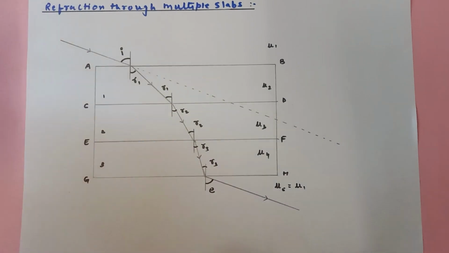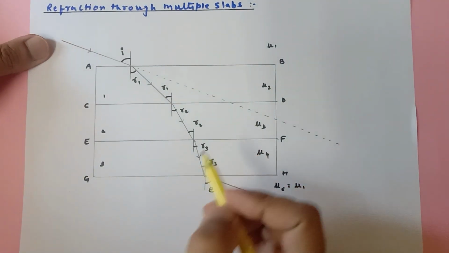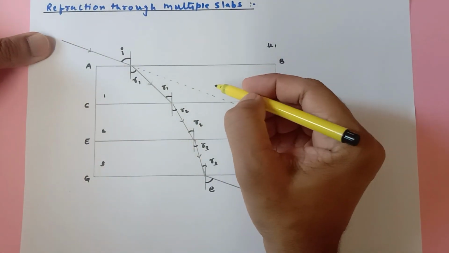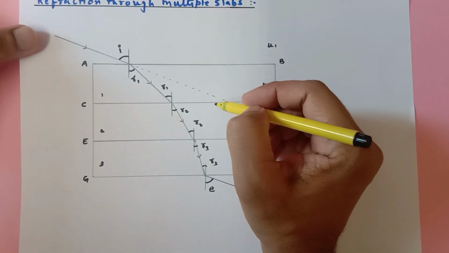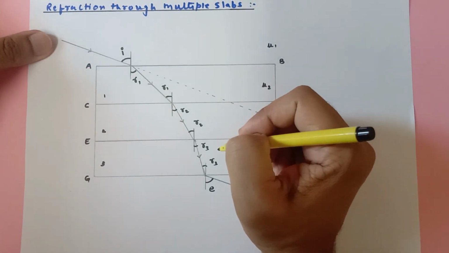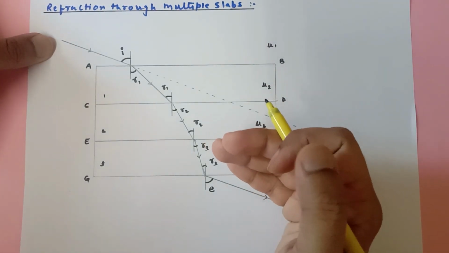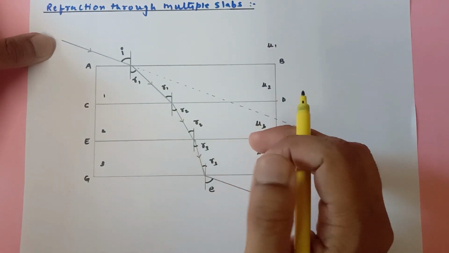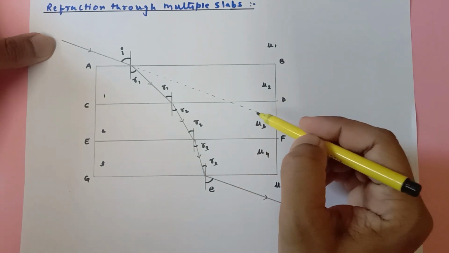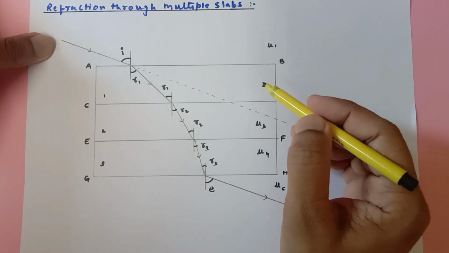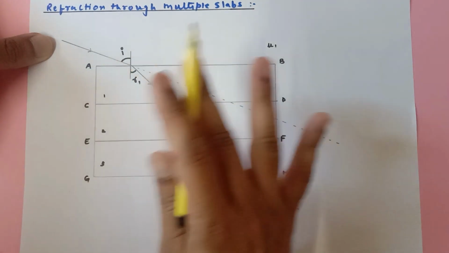Correct? Now I'm assuming that the slabs are arranged in increasing order of refractive index, and it is also true if they are in decreasing order or whatever the refractive index may be. So suppose mu3 is less than mu2 or greater than mu2, it is totally fine.